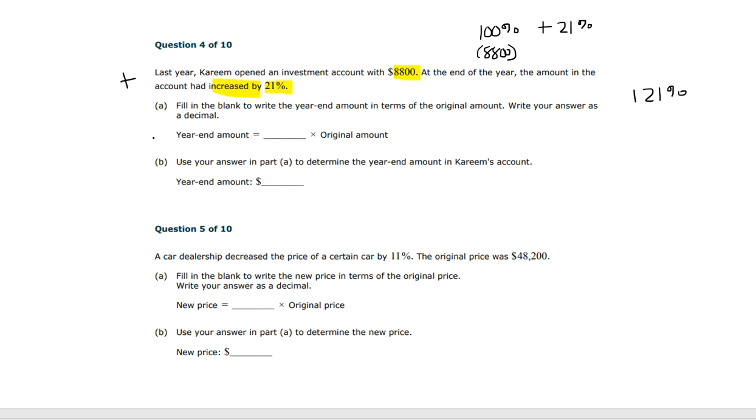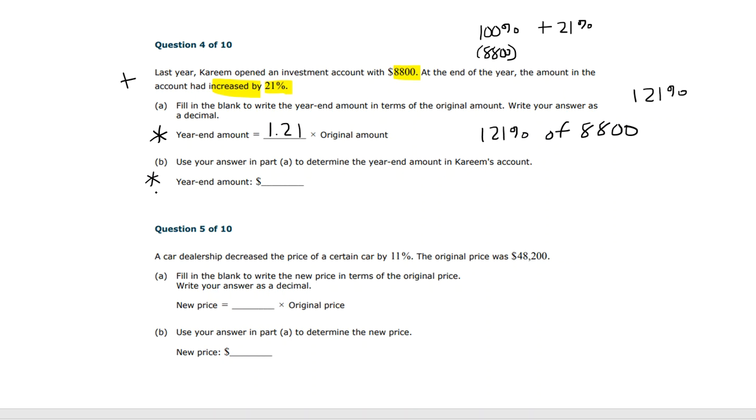So when we are looking to find the year-end amount, we are going to find 121% of the original amount, which was our $8,800. Now to change 121% to a decimal, that becomes 1.21.